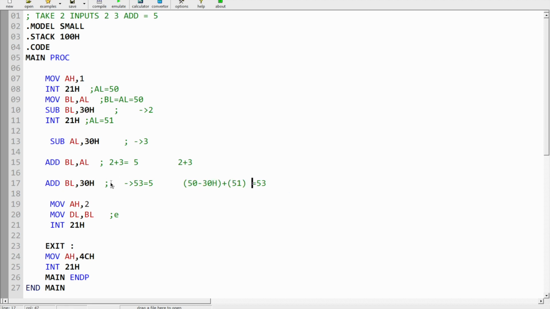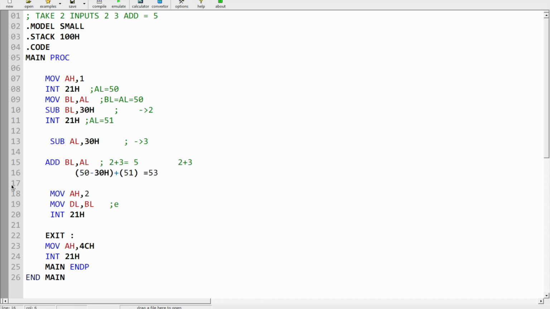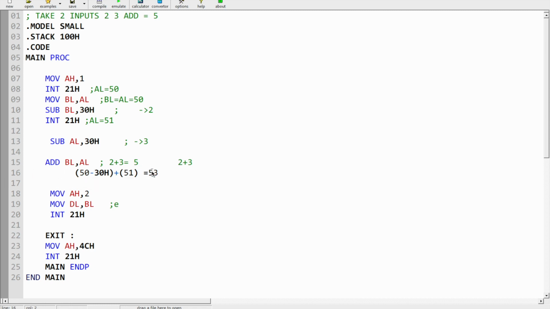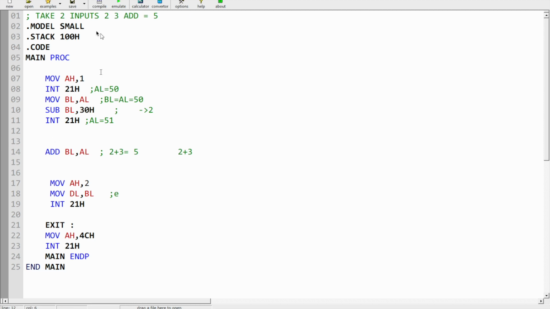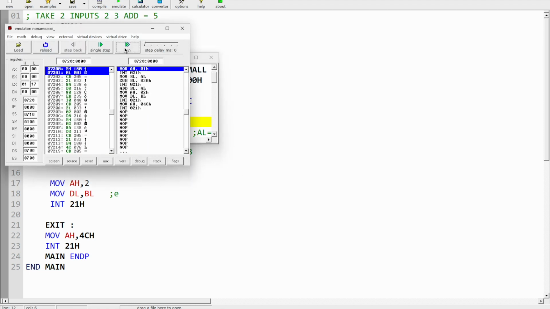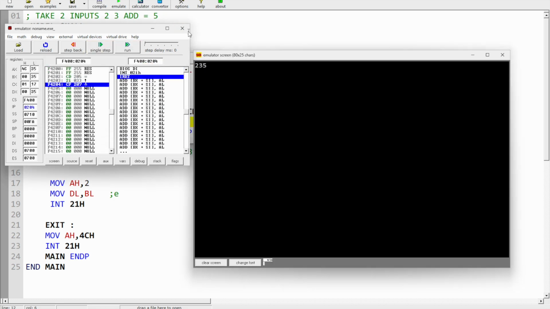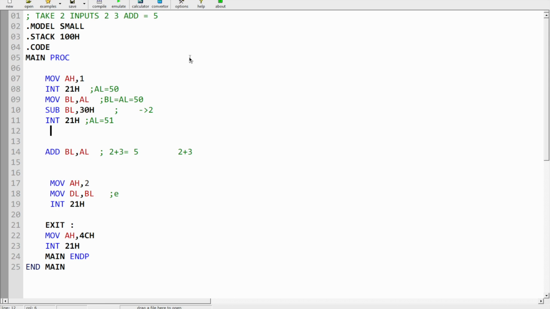So we can remove some code here. Oh, come on, I hate assembly, trust me, it's so painful. We remove some code, and it gives us the same results. So this is how you add two numbers and get the desired output. Peace.